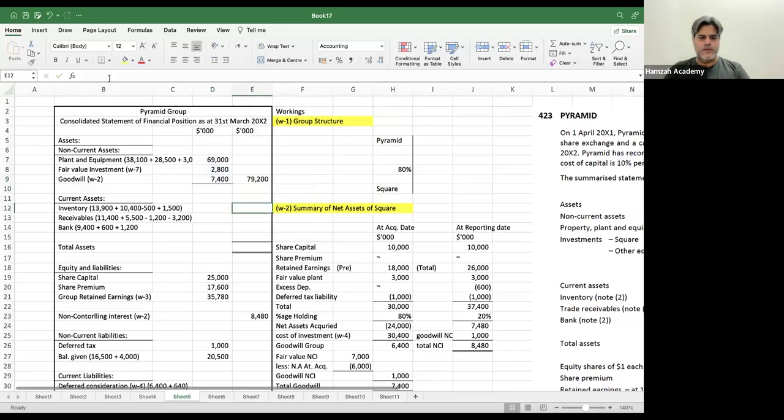That's going to be 79,200. 25,300. 12,500. 11,200. So total assets 128,200 over here.